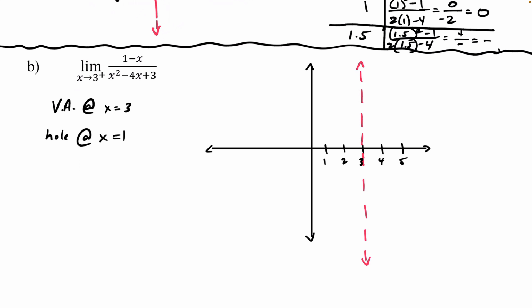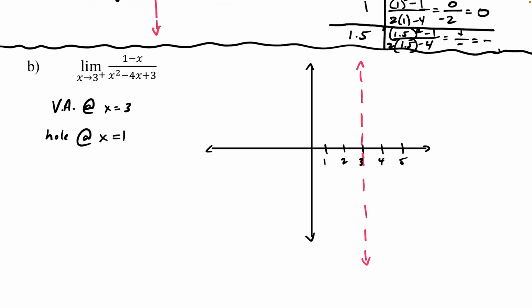If it said as x approaches 1, then maybe, but x approaches 3, the hole part is not really concerning me. Okay? All right. So now, what side do we care about? Do we care about the left side or the right side? The right side.